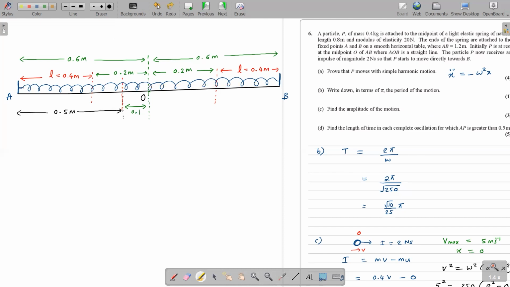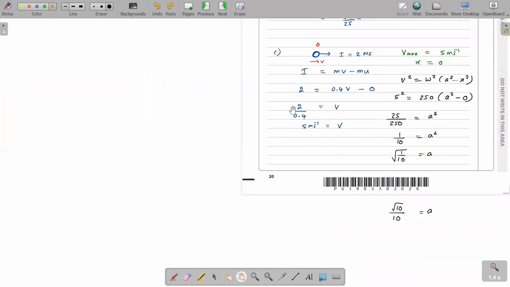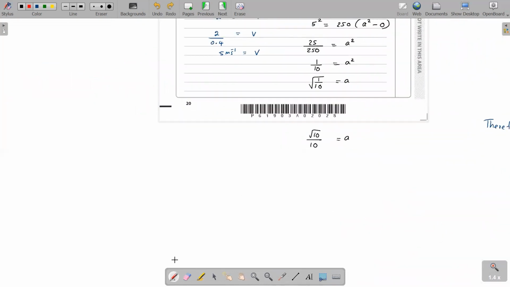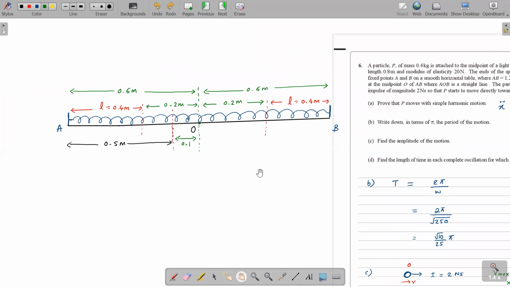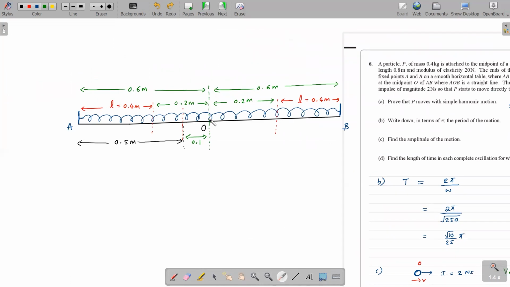Okay, so we found the amplitude was root 10 over 10. What's the decimal figure? 0.316. Okay, 0.316 meters, correct to 3 decimal places. So you realize that the particle is going to go 0.316 meters from the center to the left side, to the right side, and also it comes back and again goes 0.316 meters to the left side, right?